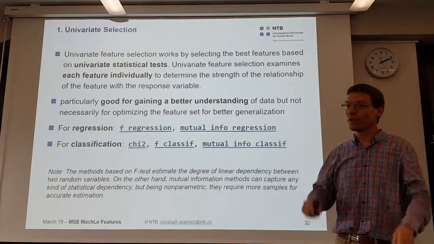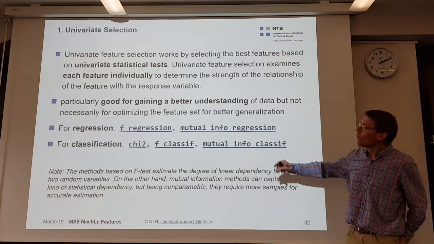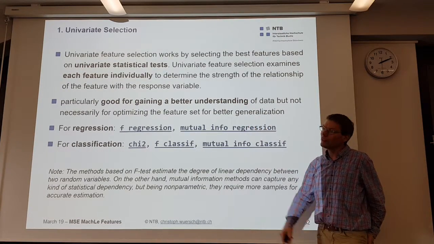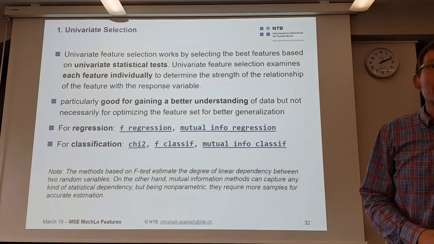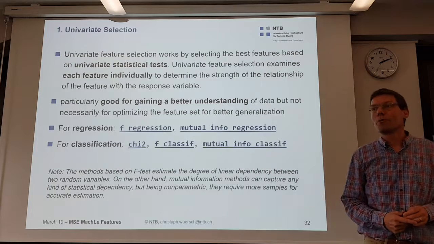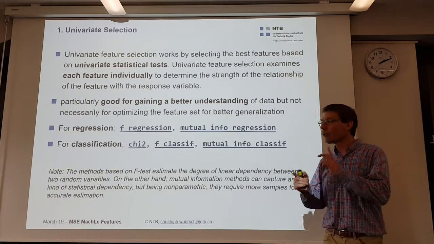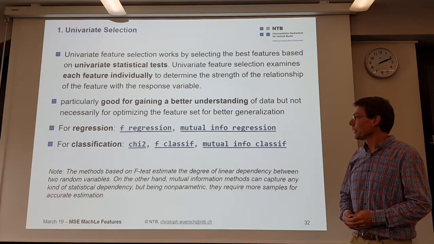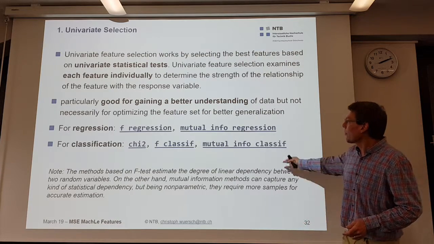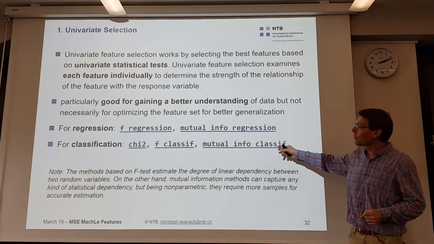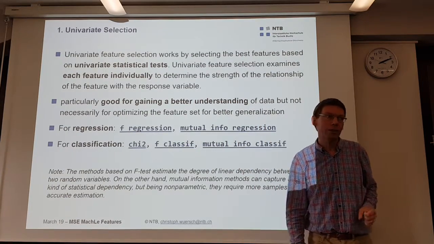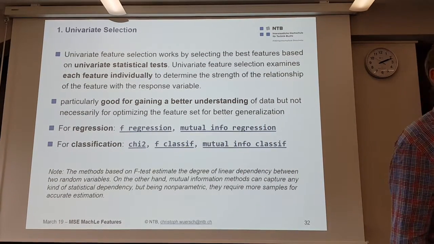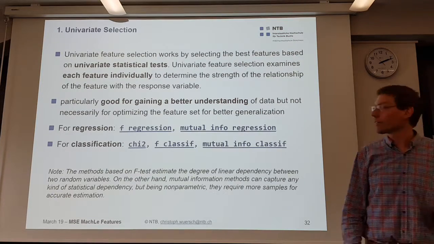Of course, this normally only works for linear models, linearly correlated data, and we also have to find a way to deal with nonlinearly correlated data. Here are the methods that are normally used: F regression, and then mutual information regression, which is a generalization for nonlinear correlations.